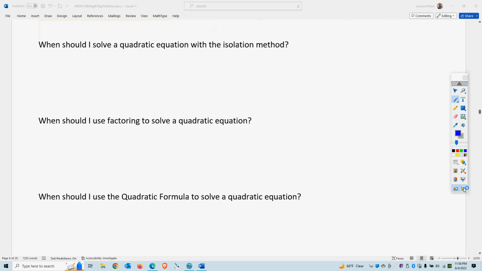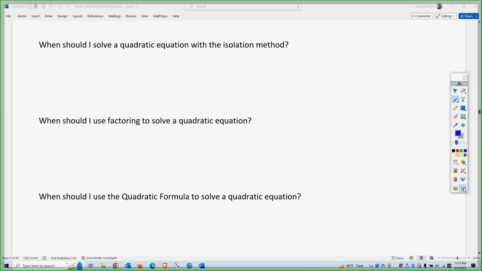When should I use the isolation method? If you just have a singular power of x, you can use isolation. So if I have 3x squared plus 4x squared equals 7, I only have x squared, I can use isolation. If I have x minus 3 equals 5, very simple algebra 1 problem, there's only x to the first power. If I have 2x is equal to 8, yep, that's fine.